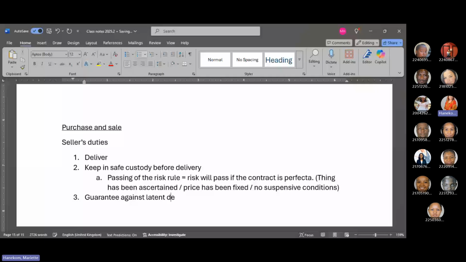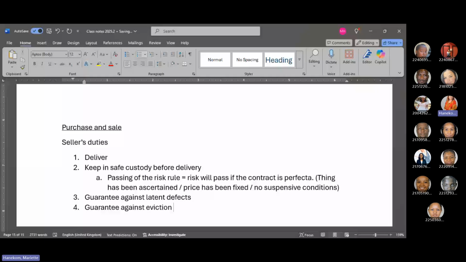I'm changing the sequence here for a specific reason. I'll explain now. And then eviction. Those are the four main duties of a seller in a contract of purchase and sale.